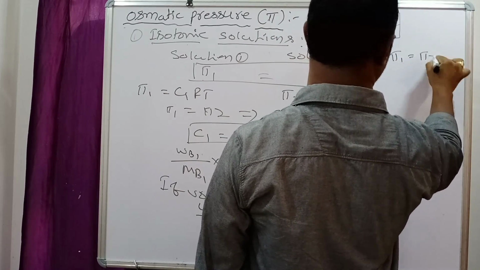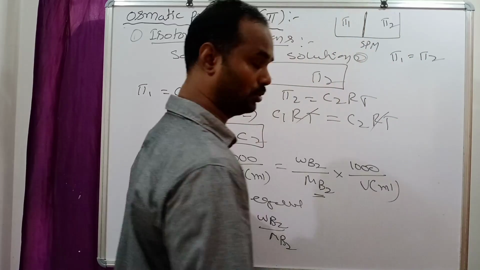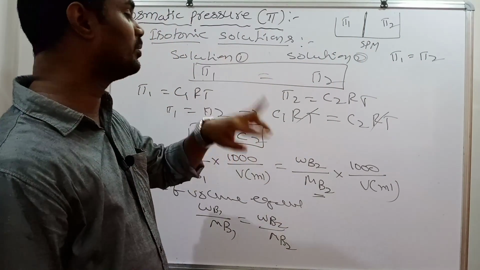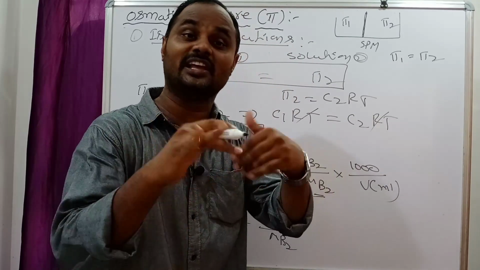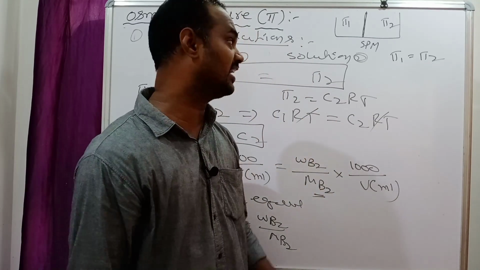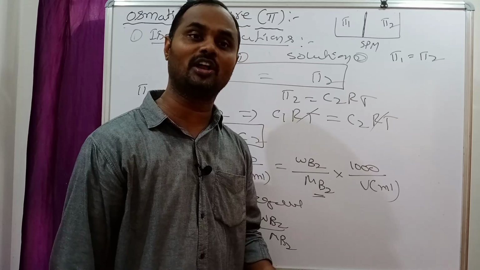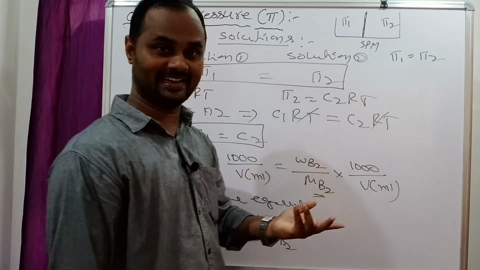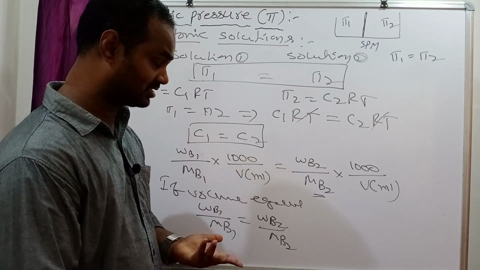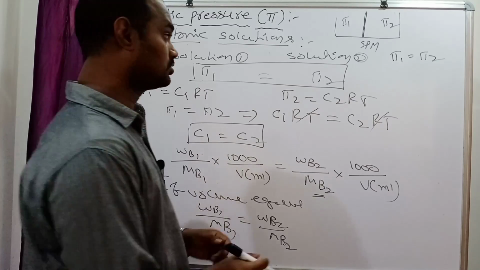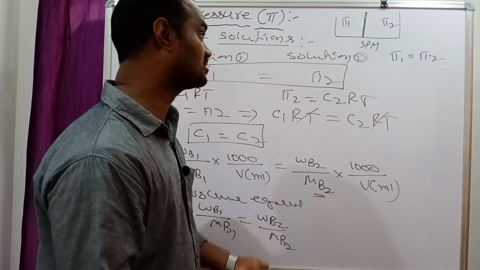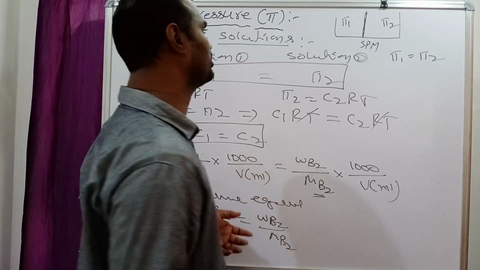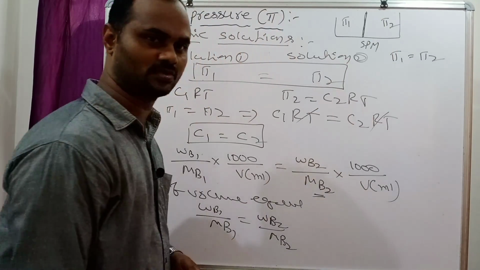If these same osmotic pressure solutions are separated by a semi-permeable membrane, there is no osmosis, no flow of solvent molecules from either side. Reason, both solutions' osmotic pressures are equal, so osmosis never takes place. Loss or gain of solvent cannot take place between these two solutions.